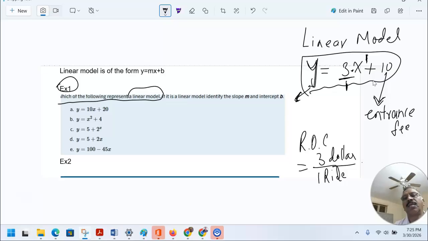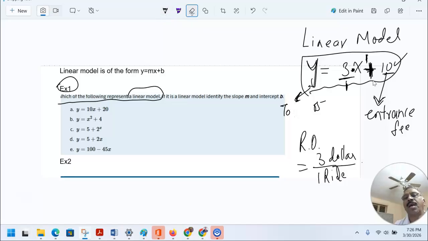This is the total cost. So the beginning 10 is fixed, the entrance fee is 10. And every time your son or daughter uses a ride, you end up paying 3 times that.